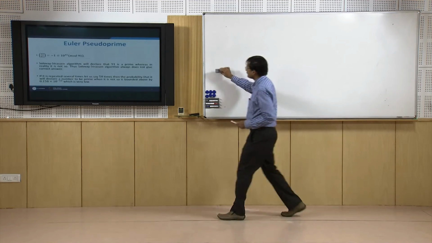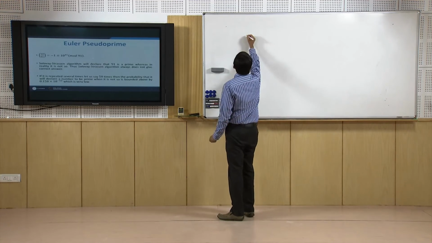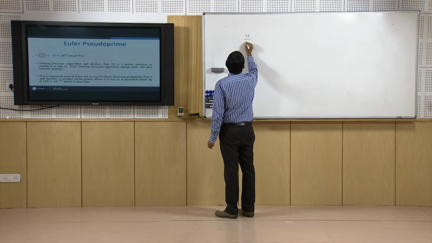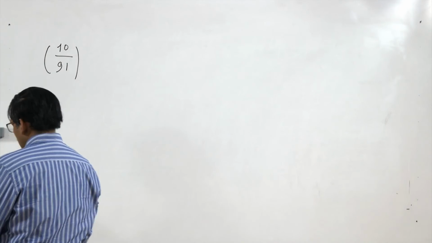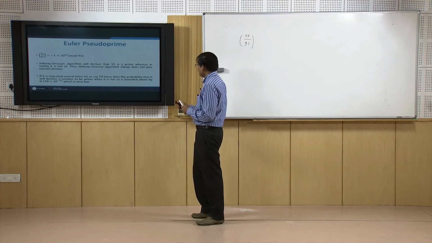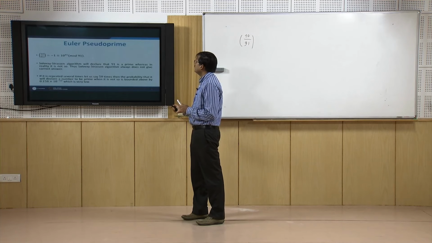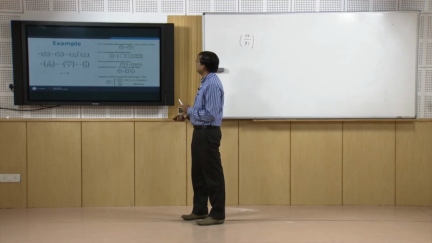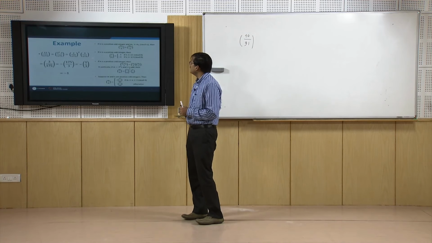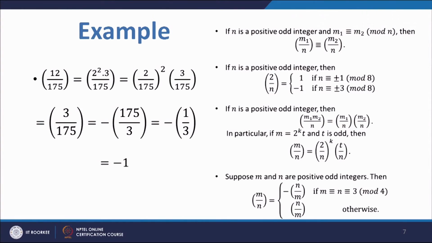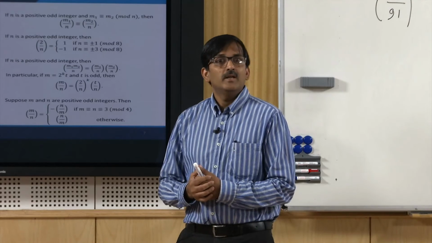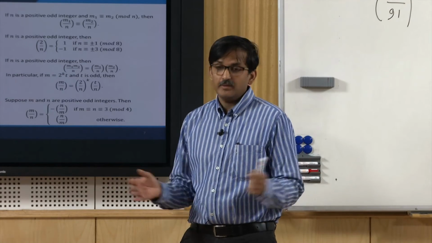All right. So, I have got 10 over 91. Now, in order to calculate the symbol, let me go back to the rules. So, I have listed the rules over here. So, let us look at these rules. So, 10 over 91, I want to calculate the Jacobi symbol, and I do not want to factorize, because if I am able to factorize, then I am able to know for sure whether 91 is a prime or not, but I am not allowed to factorize.